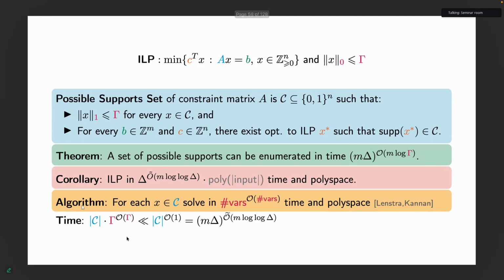The running time is the number of possible candidate support sets, that's this term, times the running time of the ILP, which is gamma to the order of gamma. The running time of the ILP is now much smaller than even enumerating this candidate support set, and that's the claimed running time.